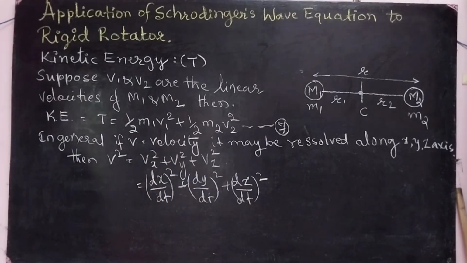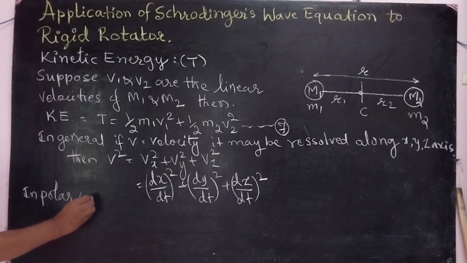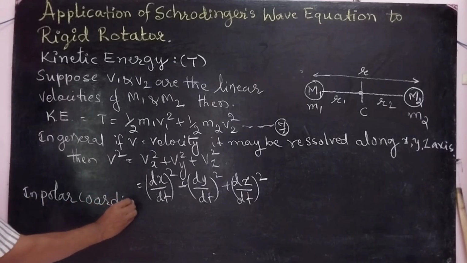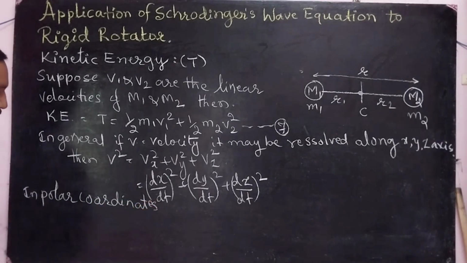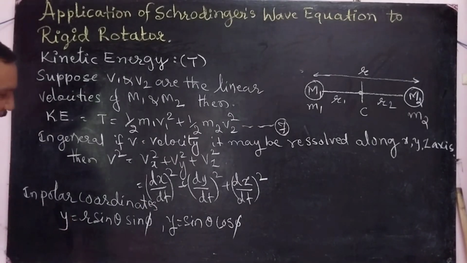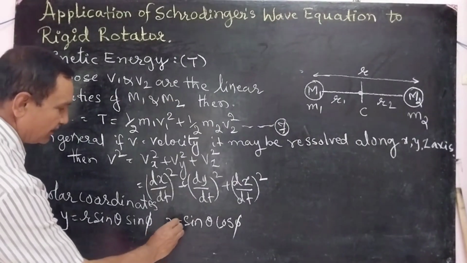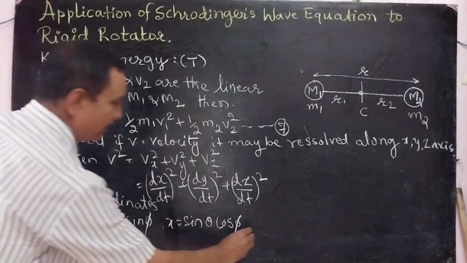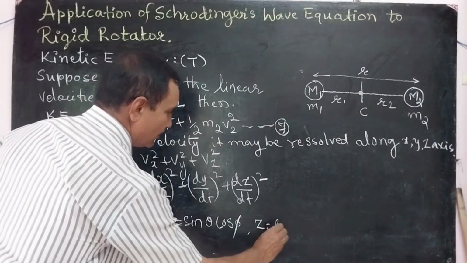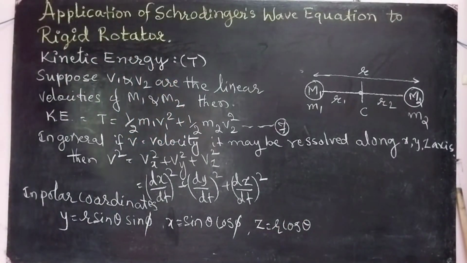Now, in polar coordinates, x equals r sin theta cos phi, y equals r sin theta sin phi, and z equals r cos theta.